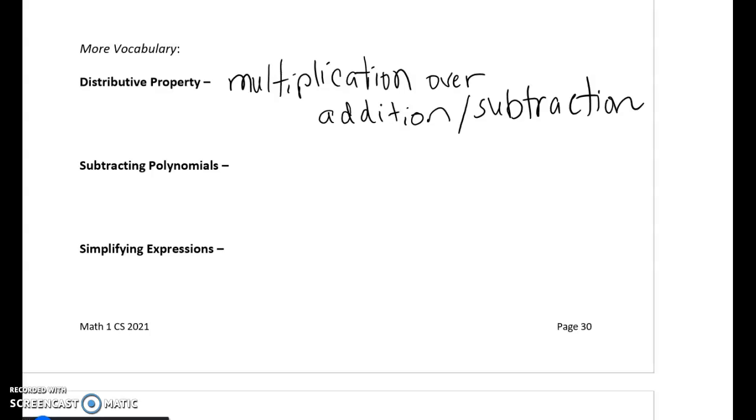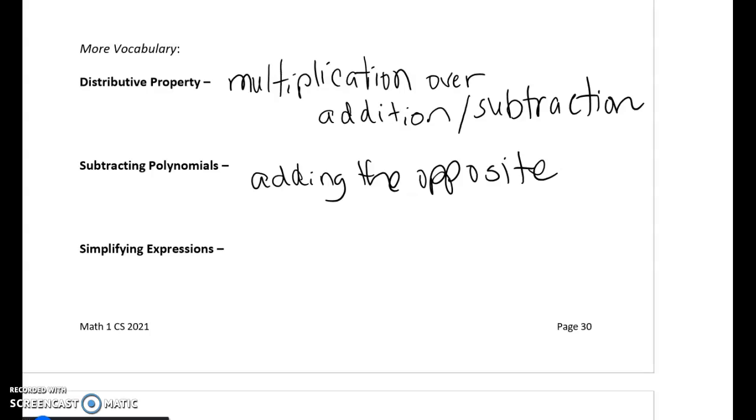Next, subtracting polynomials. We're going to use a similar idea that we saw with the adding or subtracting signed numbers lesson from the beginning of the school year. When it comes to subtracting polynomials, we want to think about adding the opposite.